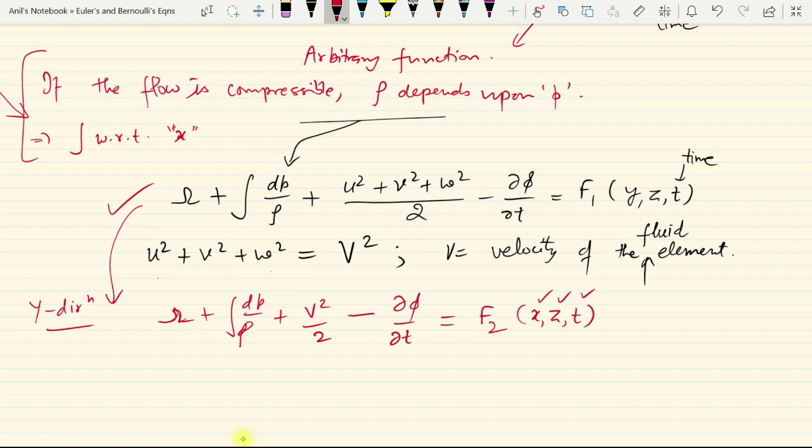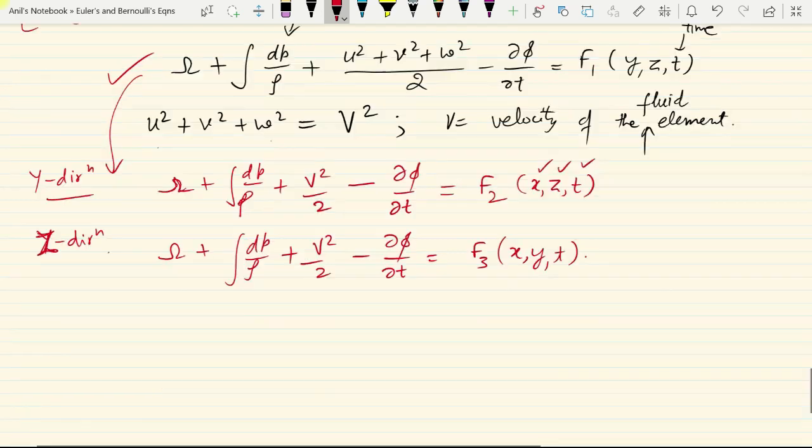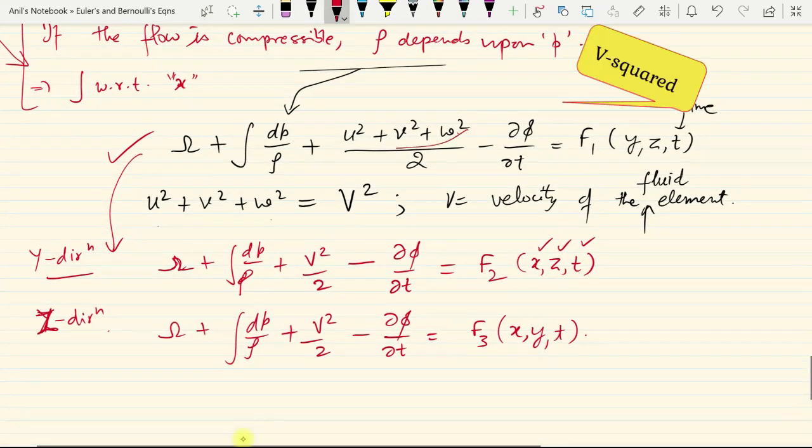And for z direction, we can write omega plus integration dp by rho plus V square by 2 minus del phi by del t is equal to some other function f3 of x, y and t, not z. The first equation is for x direction, then y direction, z direction.